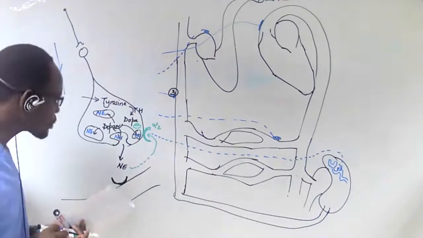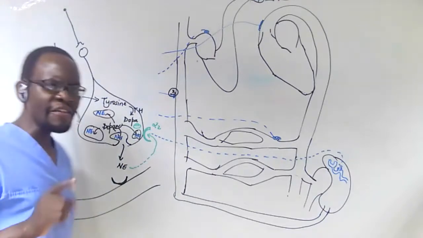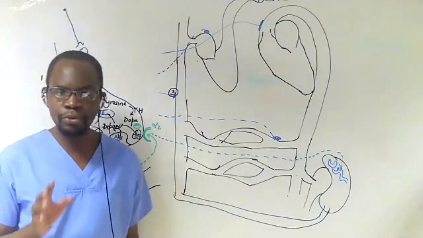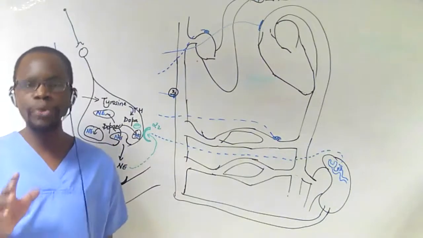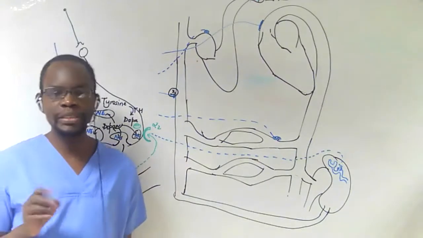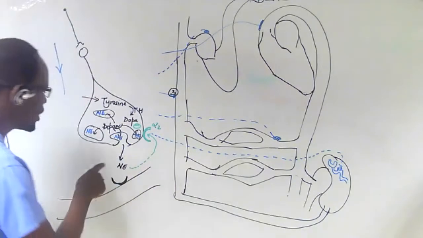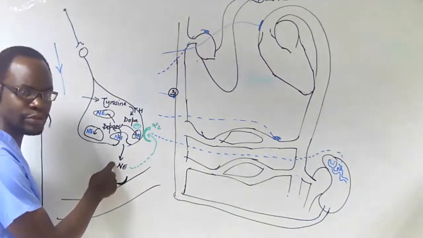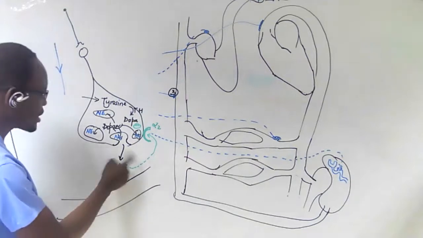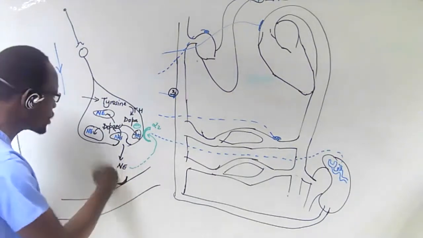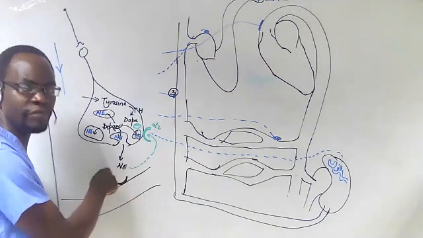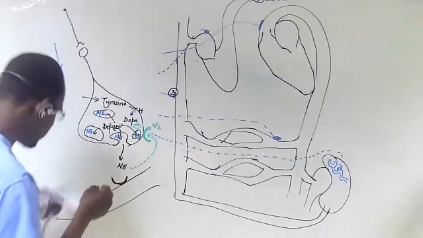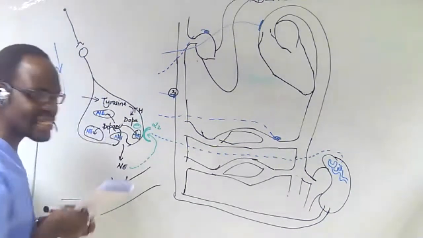Now, the other thing that is very important, that we had not talked about at this point, is that this norepinephrine, once it is released, does not stay here forever.